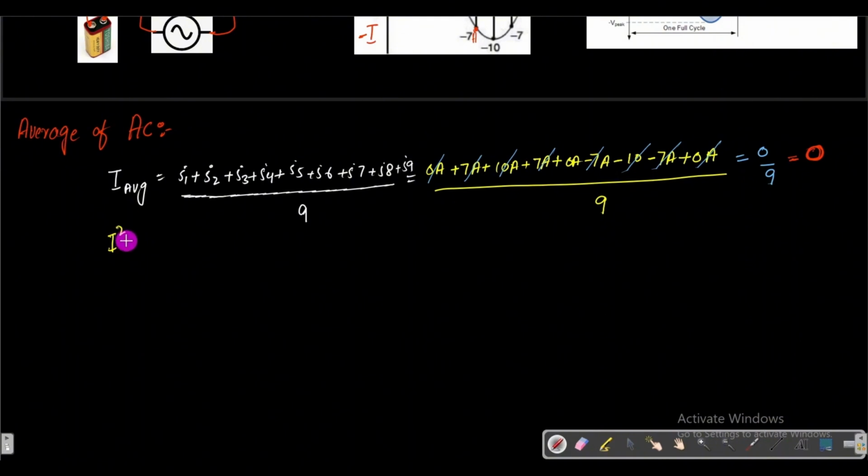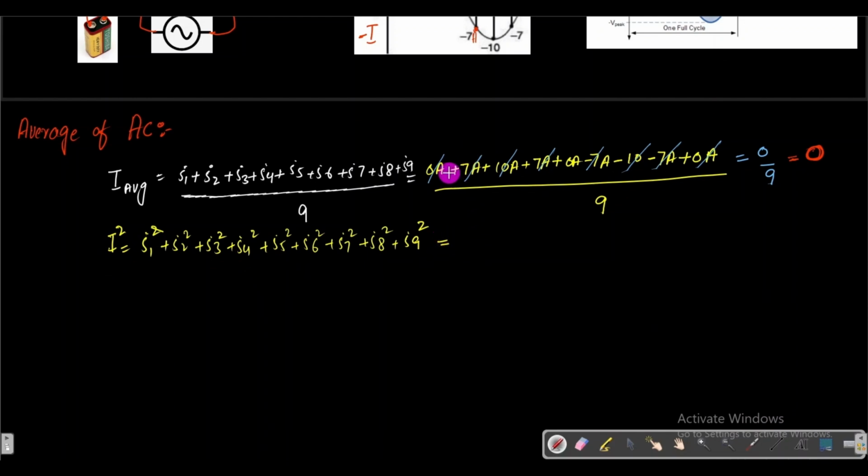So I square is equal to I1 square, I2 square, I3 square, I4 square, I5 square, I6 square, I7 square, I8 square, I9 square.